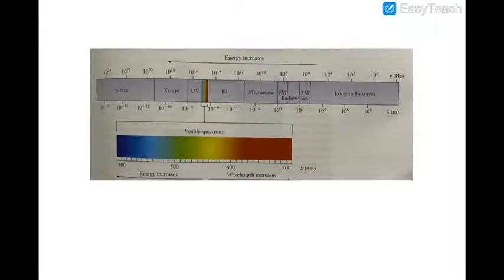Now we're looking at the so-called electromagnetic spectrum, which also contains the visible light. As you can see here, visible light is actually just a small portion of the entire electromagnetic spectrum, the part where our eyes can detect.